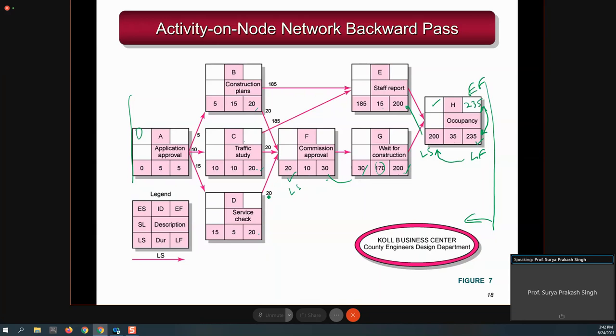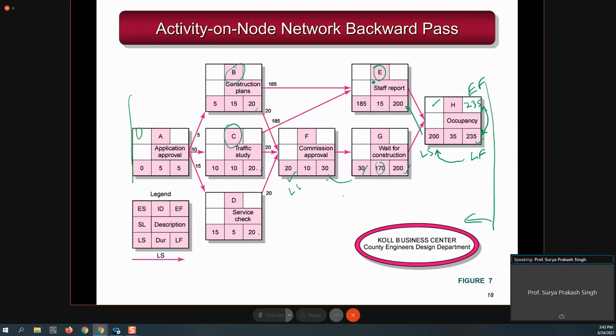Now the problem happens when you relate E with B and C. Now you are seeing that activity B and C was common to F also and E also.